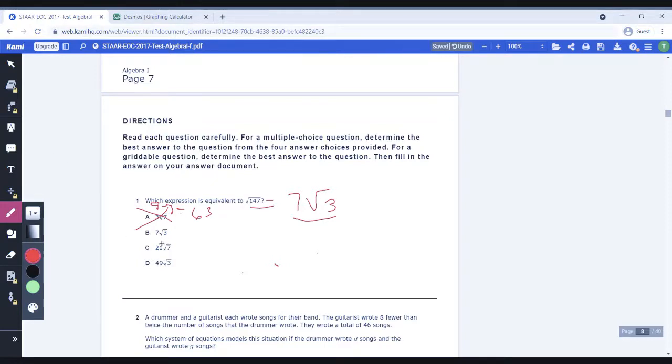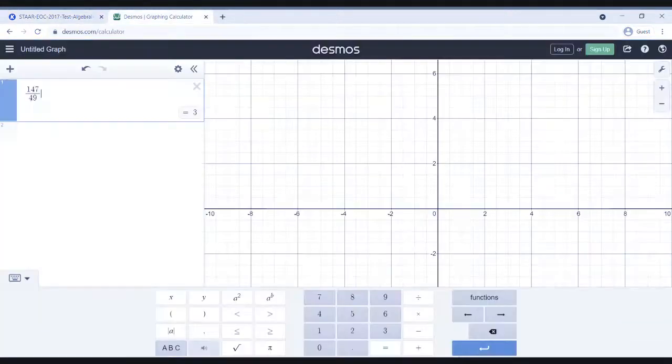7 square root of 3: 7 times 7 is 49. 49 times 3 is 147, because we did it over here.